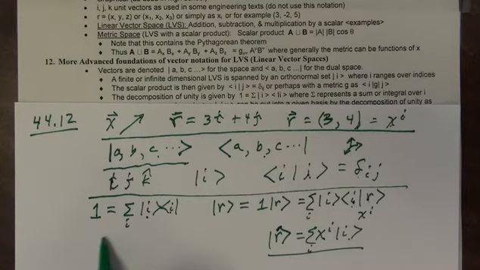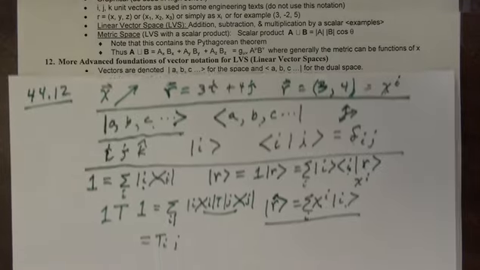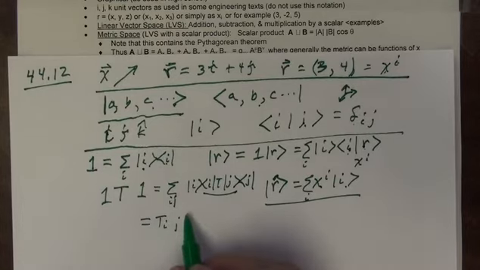We can likewise take a matrix, like a transformation, and put a 1 on both sides of it and expand it like this and end up with a sum over i and j of |i><i|T|j><j|. And now this becomes T_ij summed over i and j.